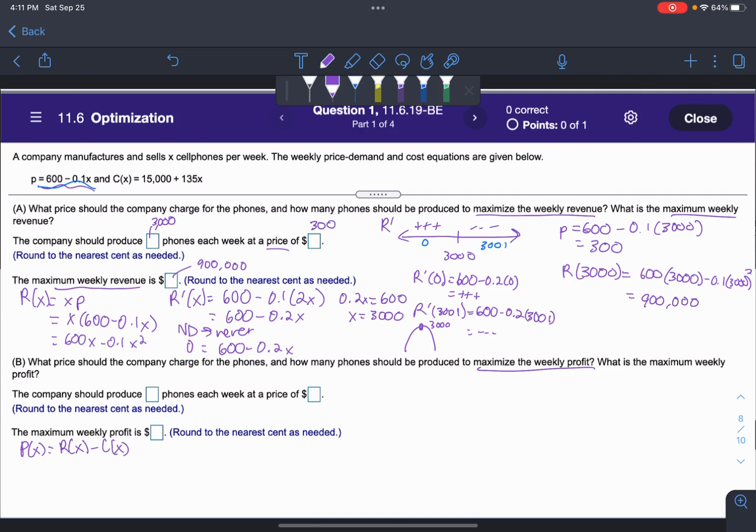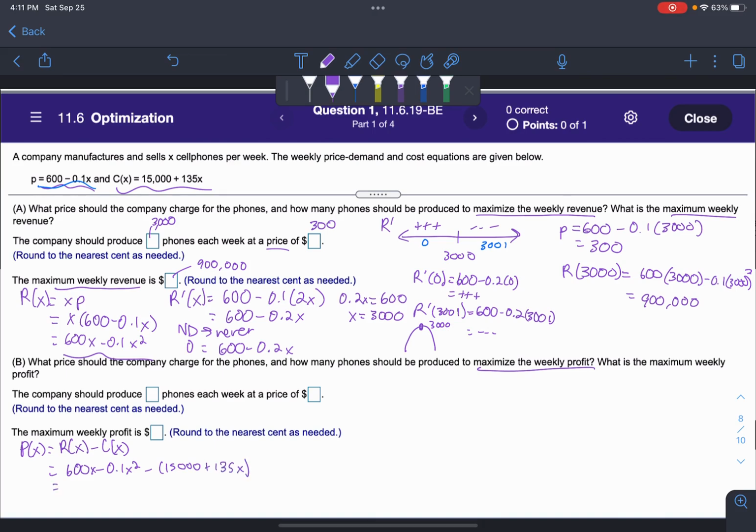So my revenue, which is directly above, that's 600x minus 0.1x squared, minus my cost function. This is given in the prompt, 1500 plus 135x.